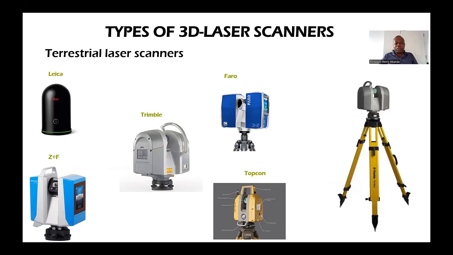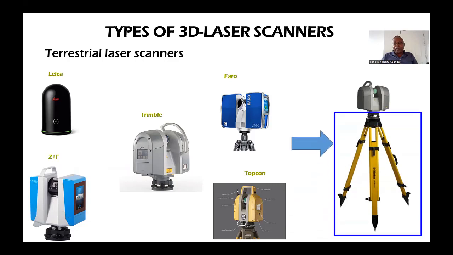What should be noted with all those, from the word terrestrial, is the fact that you need a stand to accommodate these scanners, and that stand should be located on the earth surface, on the ground, what I would call technically a tripod.